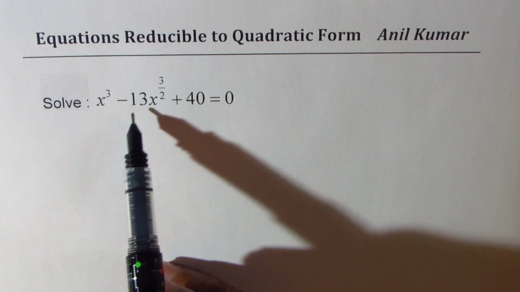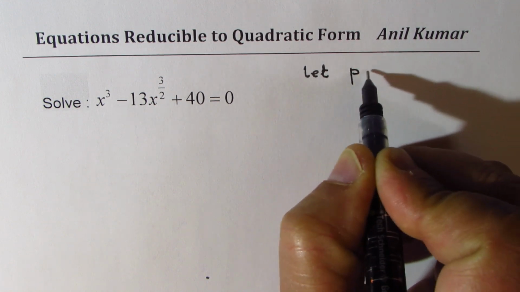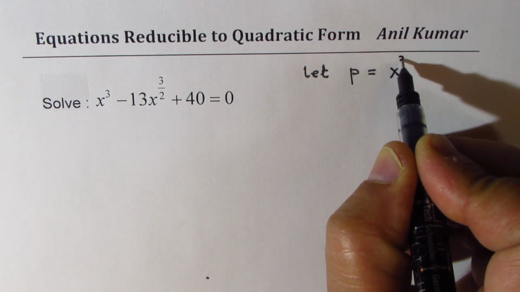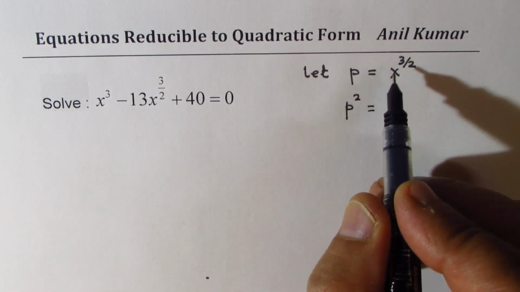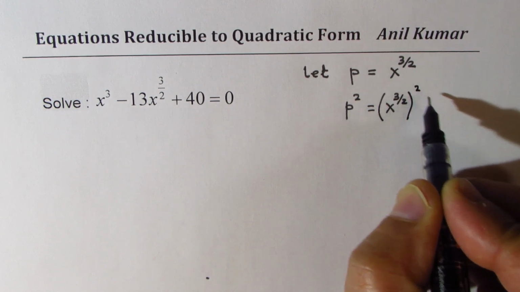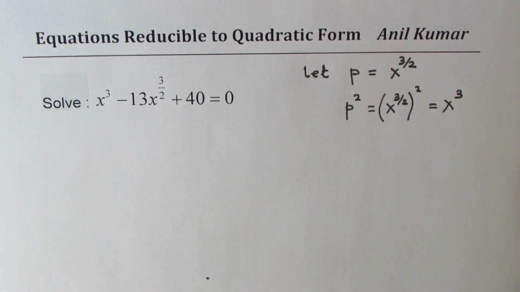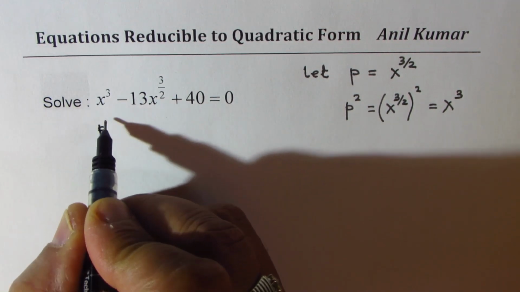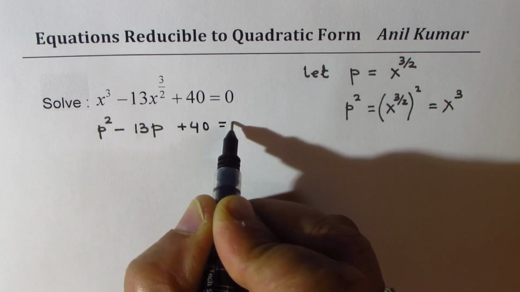So if I make a substitution that p equals x to the power of 3 over 2, in that case p square will become x to the power of 3 over 2 whole square, which is same as x cube. So I'm going to replace x cube with p square. So we get p square minus 13p plus 40 equal to 0.